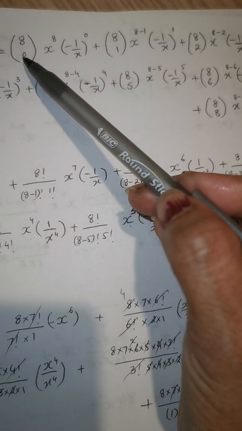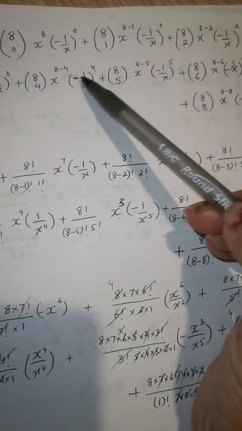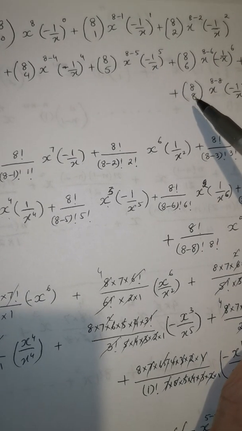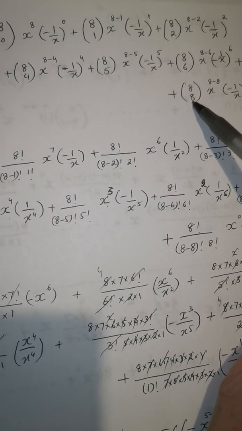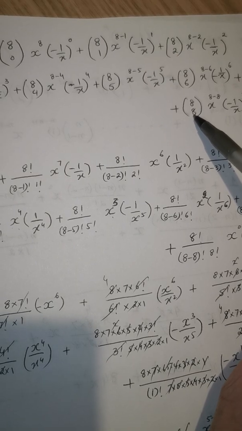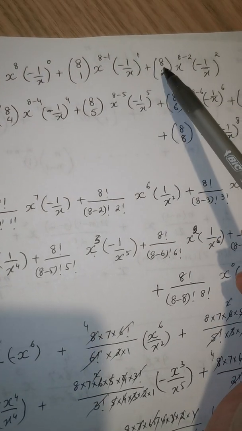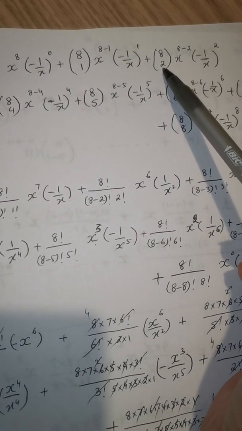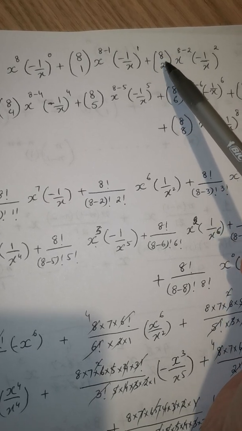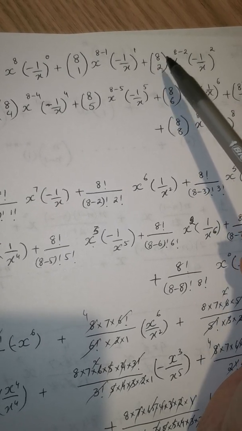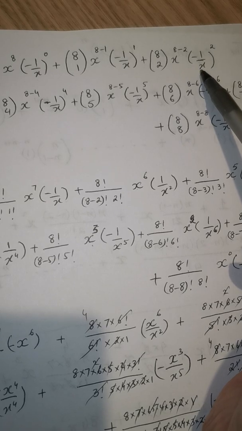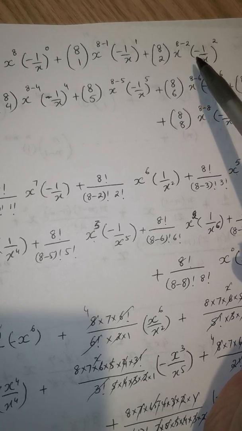I will increase 0, 1, 2, 3, 4, 5, 6, 7 and it will end at 8c8. So the third term will be 8c2, x power will be the difference of these, and the second term minus 1 over x will have power 2.